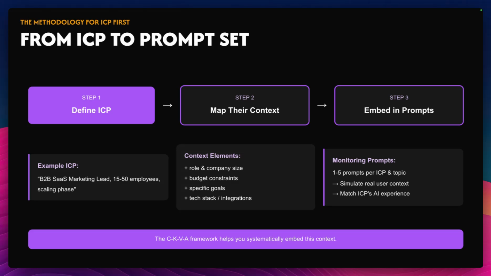Then here are already some context elements in the ICP, but you would give that context to the prompt. That leads to the fact that you need fewer prompts per ICP and fewer per topic in general.